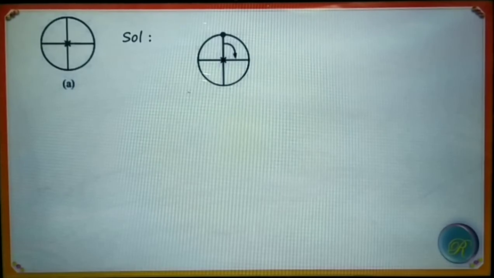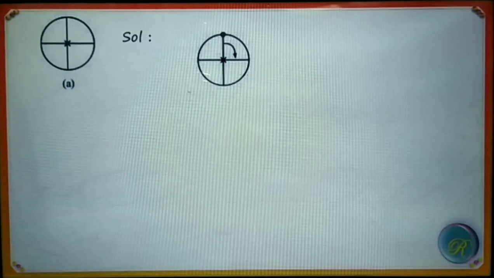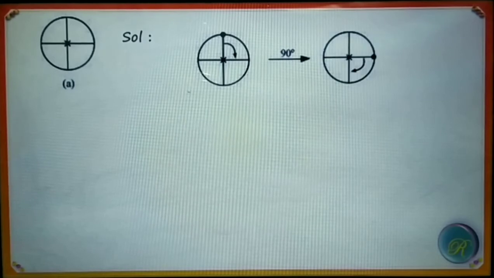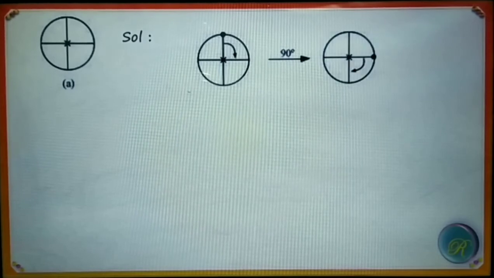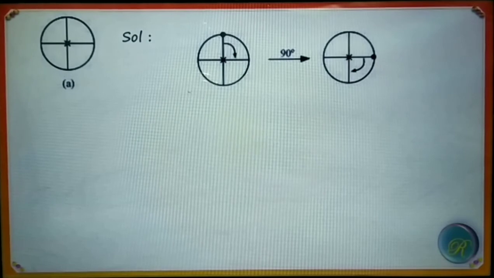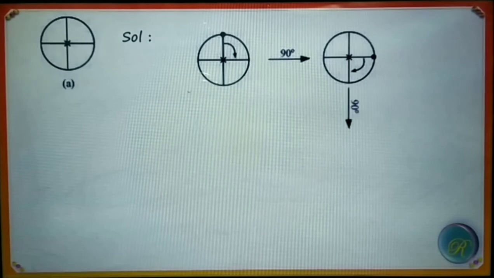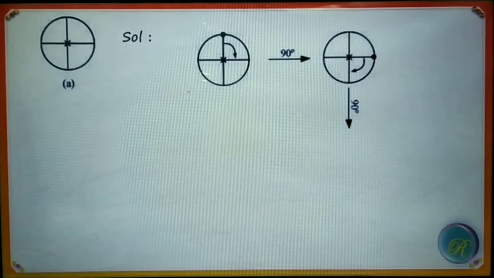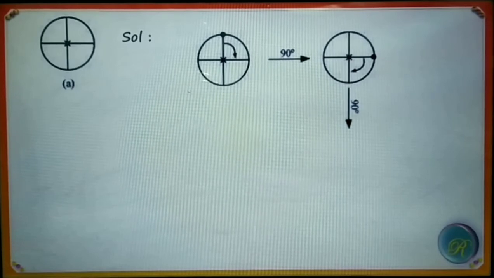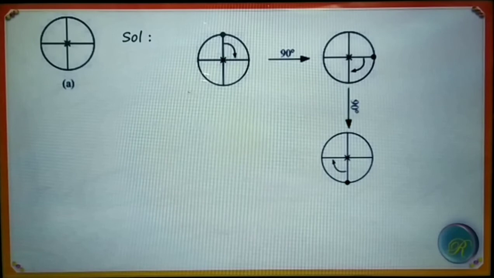Consider the original figure. When you rotate the original figure by 90 degrees in a clockwise direction, then the position of the figure will be like this. Again, when you rotate by 90 degrees in a clockwise direction, then the position of the figure will be like this.